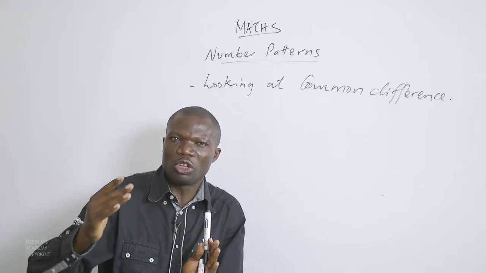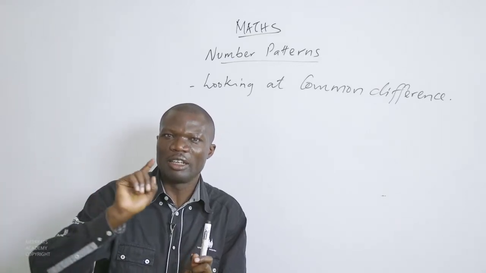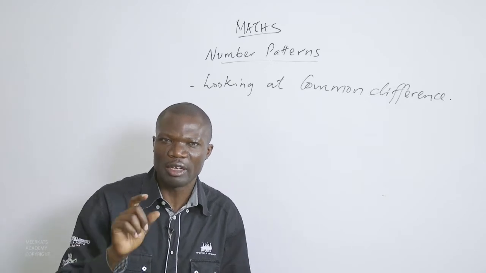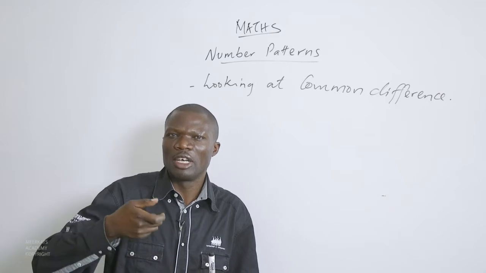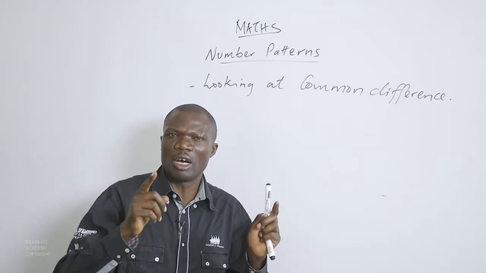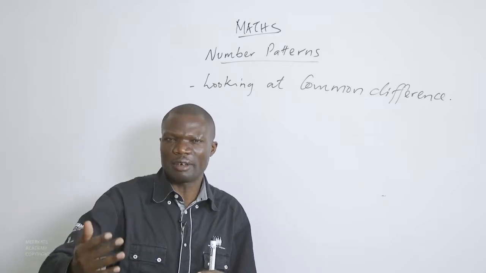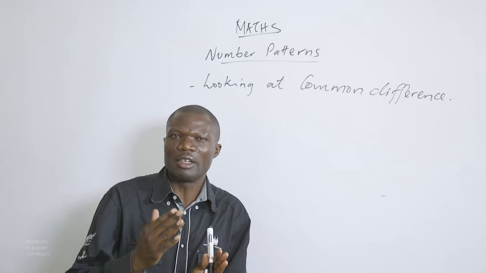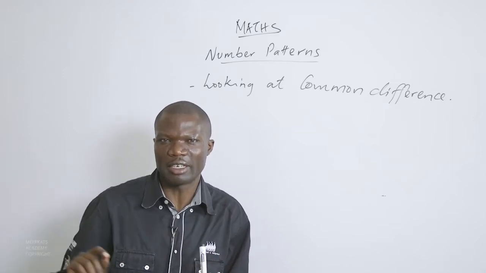But when across two or three or four numbers the difference is constant, then we say that there is a common difference. So a common difference is developed from a sequence of numbers in which the next term, minus the previous term, gives us a number that remains constant across all the other terms.